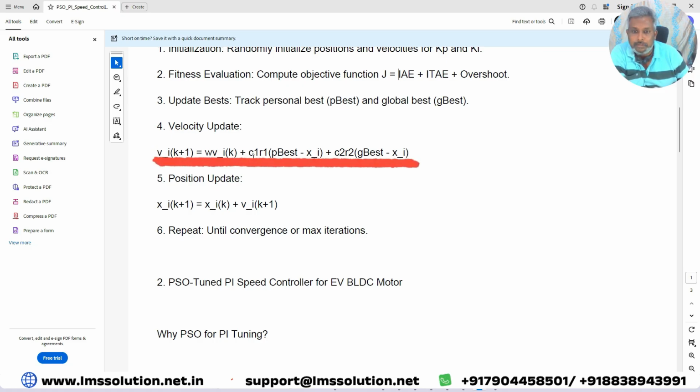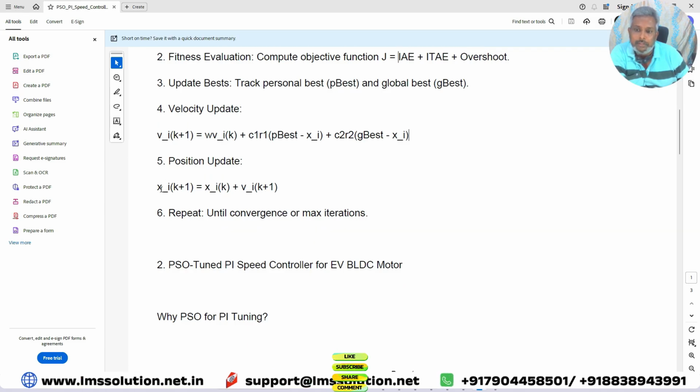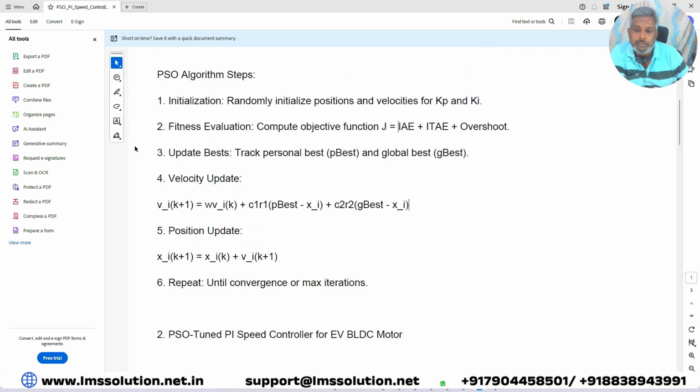W is inertia, C1, C2 are constants, R1, R2 are random variables. After calculating this velocity, next you have to update the position for the next instant: Xi(k+1) = Xi(k) + Vi(k+1). You have to follow these steps, keep on until convergence happens, or until the maximum iteration is reached. These are the steps of the PSO algorithm.